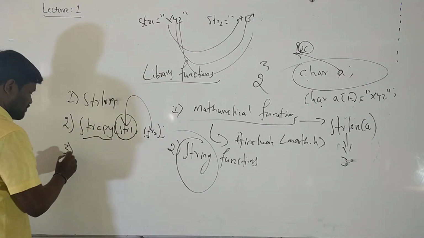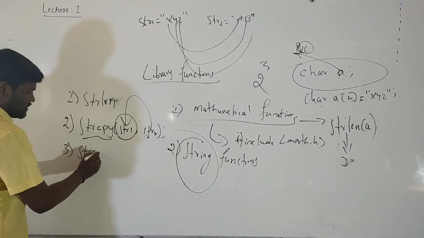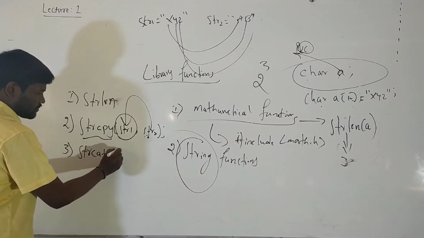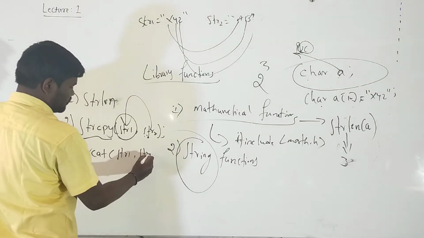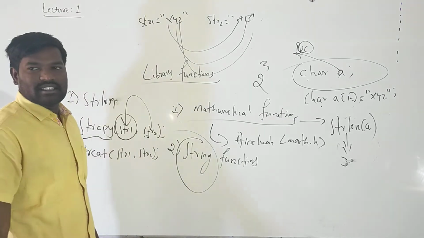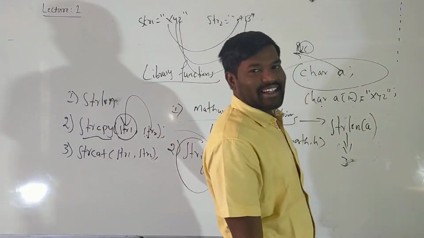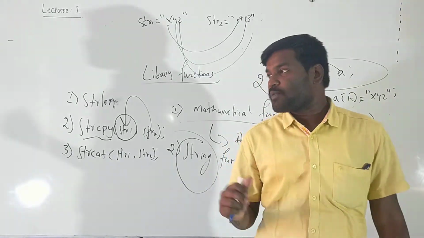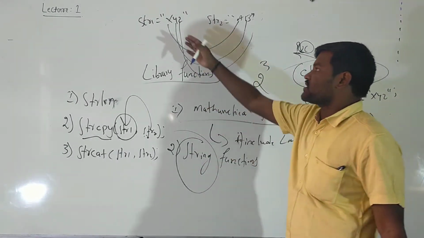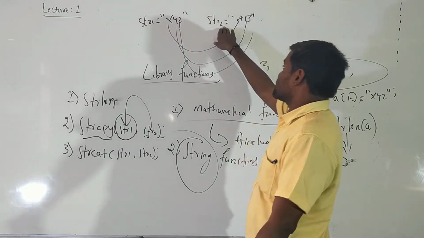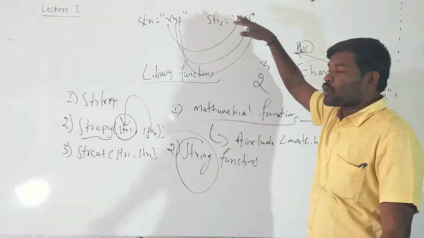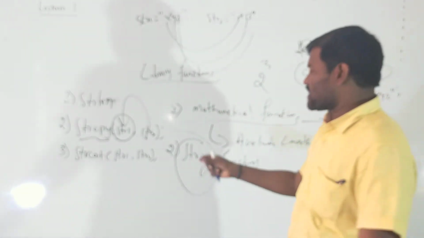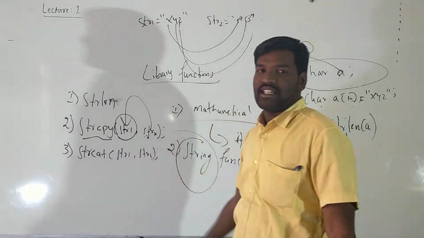Third one, strcat. strcat means string concatenation. Here concatenation indicates joining. If you want to join two strings, string 1 is different and string 2 is different, you use strcat.